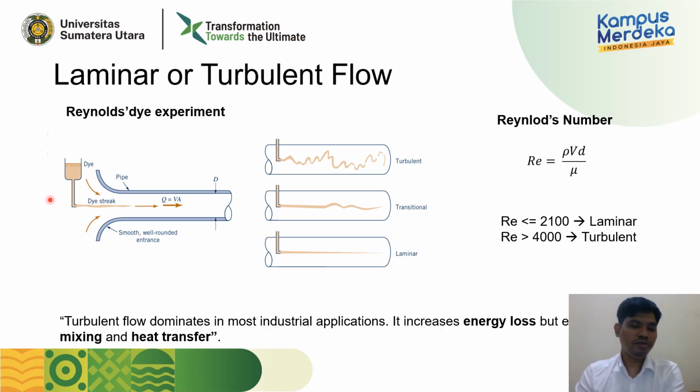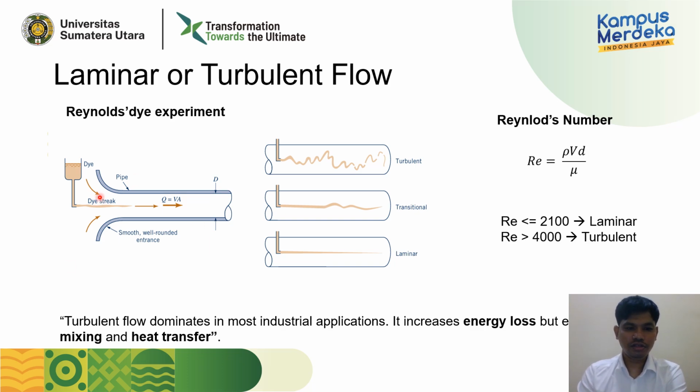which has a similar density with the fluid inside it, let's say water. Because of the similar density, the dye will flow with the water, and this dye will also show the fluid phenomena like the water.